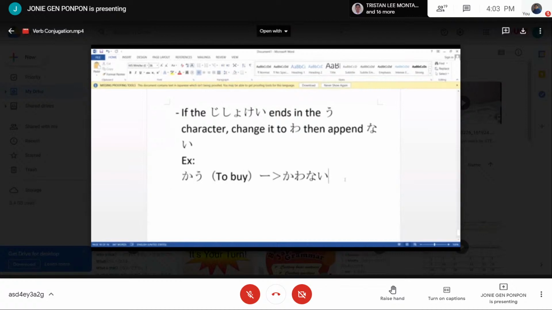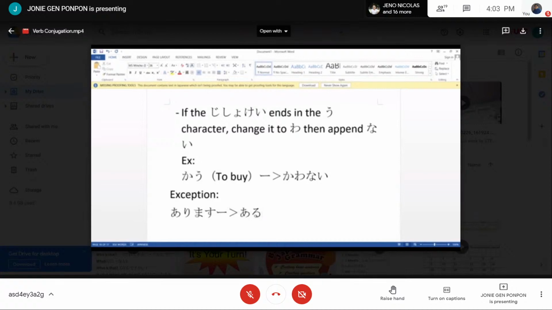Now, for group 2 verbs naman, by the way, there is an exemption for this. Exception again. The exception here is the existential verb arimasu. Arimasu is a group 1 verb, sorry. It will become aru for the jisho-kei.